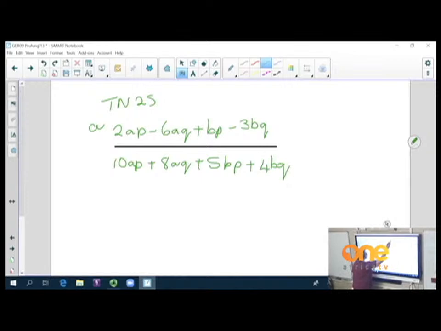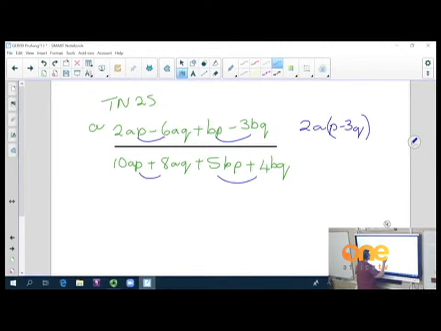Now, this is the fourth method, grouping. There's 4 terms, so I'm going to group them together. And the same thing here. If I group them together there, I can take out a 2a, and then there remains p minus 3q.